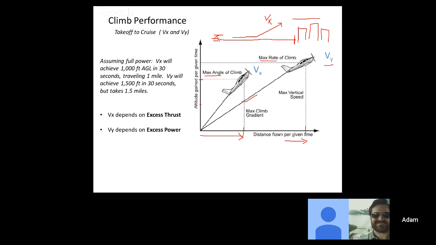Does that make sense? Yeah. Okay. So important from an airplane perspective, you're always going to climb out at VX. And once you clear your obstacles, you're going to maintain VY to get you to your cruising altitude.